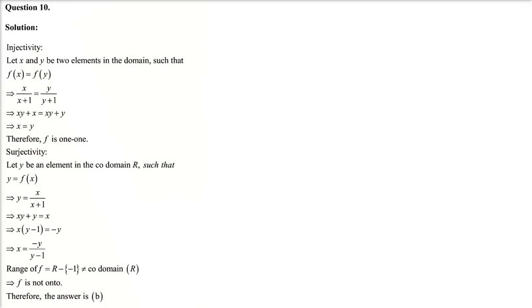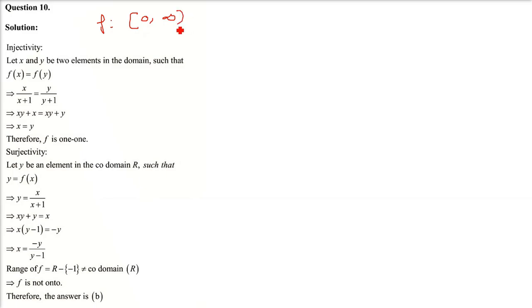Question number 10 we are taking. The function f is 0 to infinity. Please remember, we just don't start the question. First, if you are going for some examination or preparing for your term end, you have to see what all is given in the question, because this question is all about what I write here.